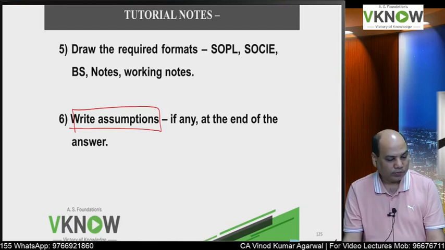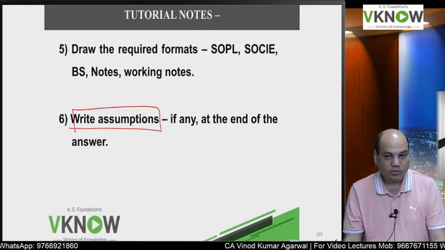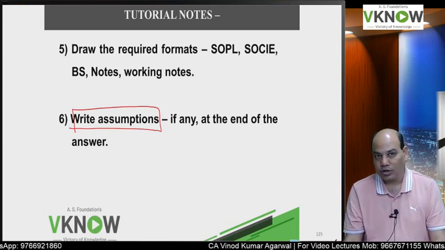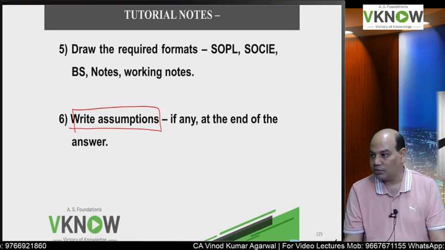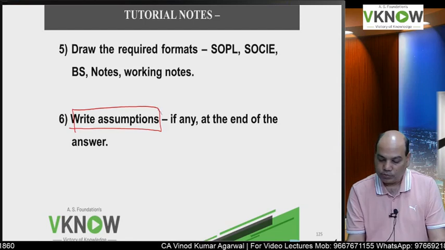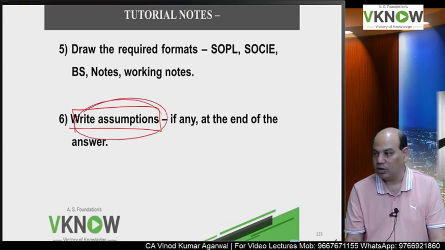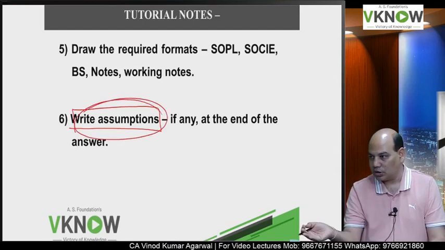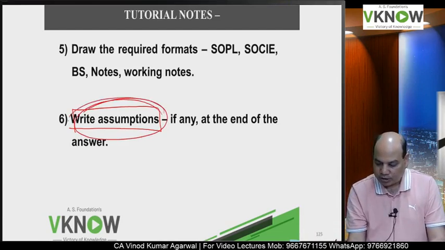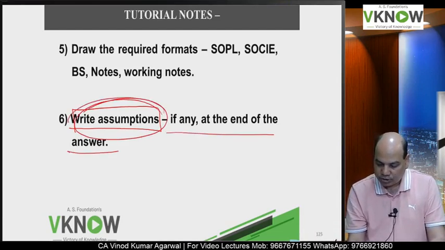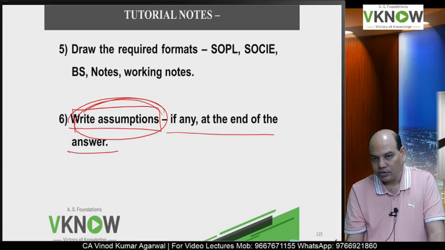And very important last point, number 6. Institute is full of, what should I say, questions which have multiple answers. So wherever you have doubt that it can be this assumption or this assumption, you write the assumption at the end of the answer. Is it right?